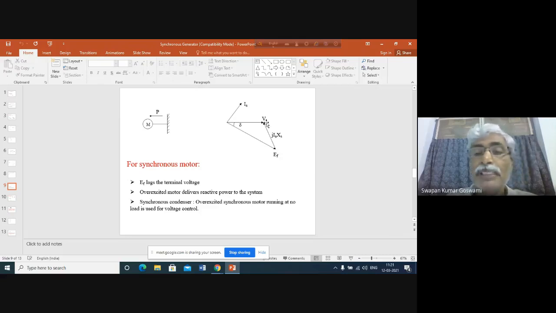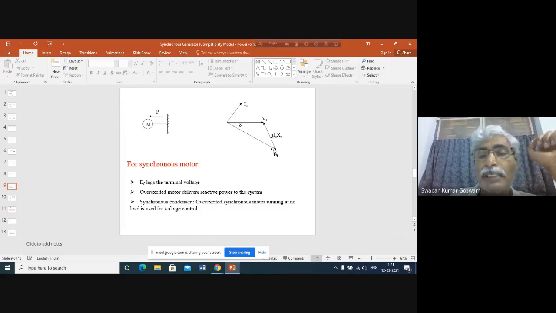So if this is the direction of jIA XS, what will be the direction of IA? IA will be like this, because jIA leads IA by 90 degrees. So this will be the direction of jIA, and this is the direction of IA, this one.